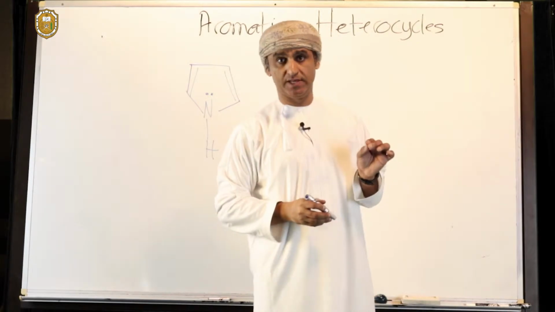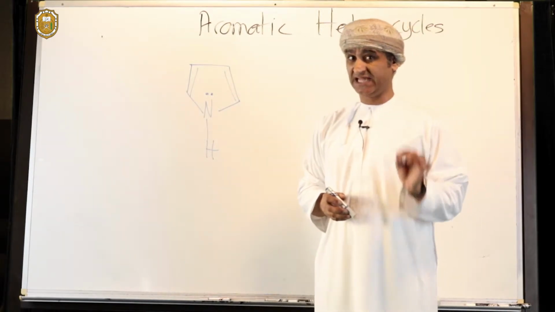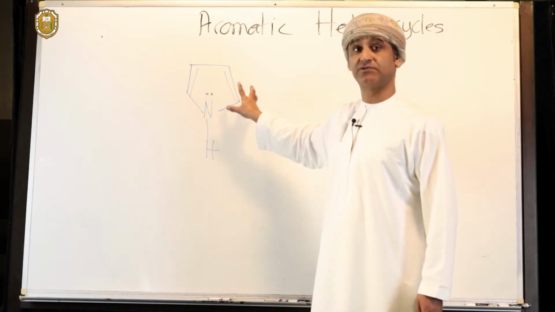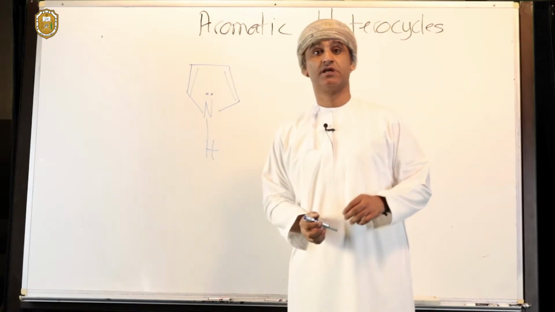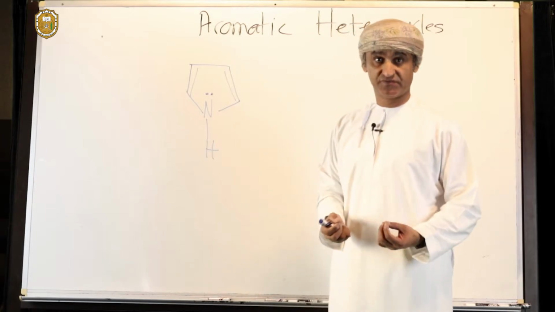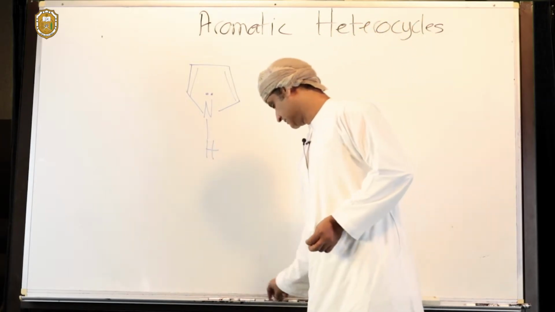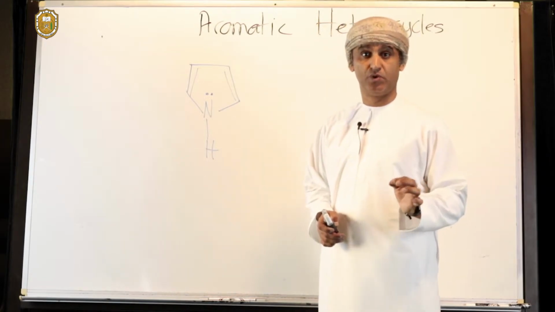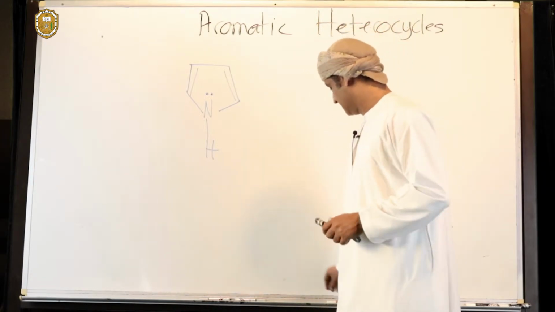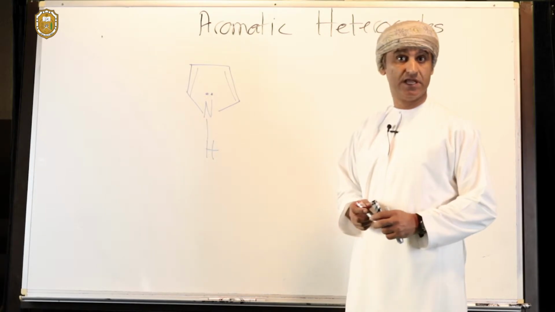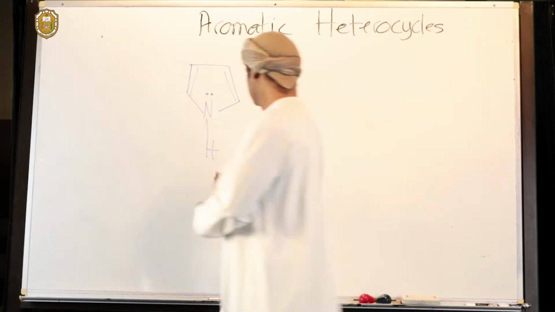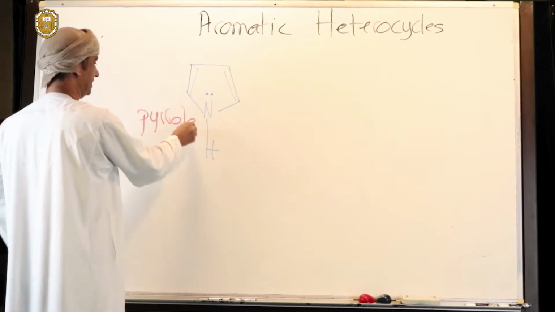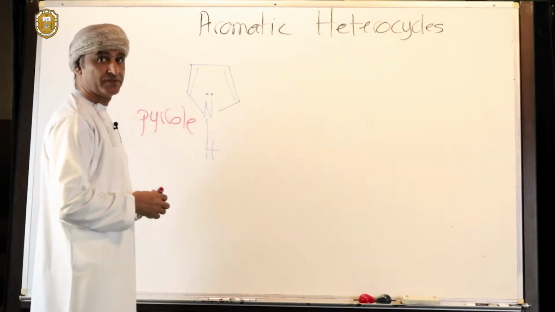It is a heterocycle because it contains nitrogen, which is a heteroatom, different from carbon. Now a good question would be, is pyrrole aromatic? Pyrrole is found experimentally to be aromatic.